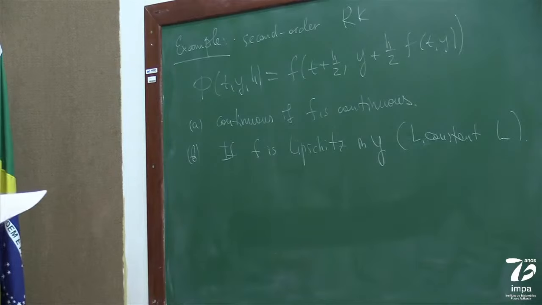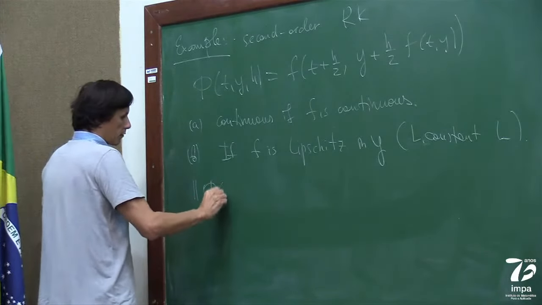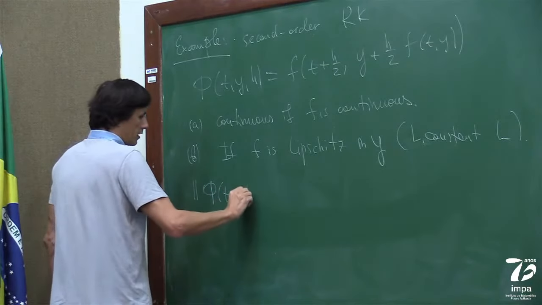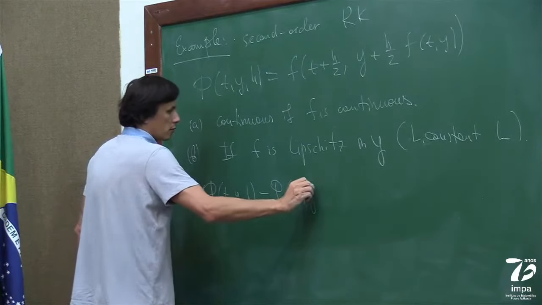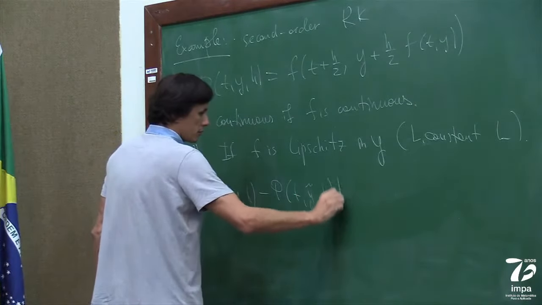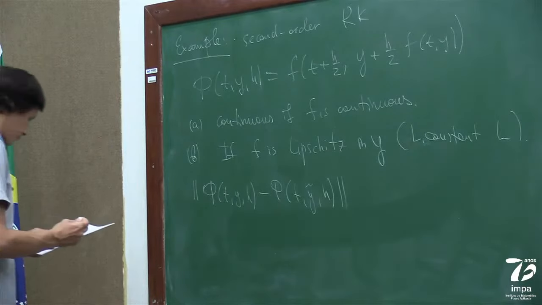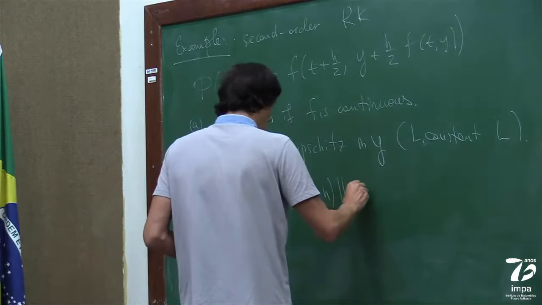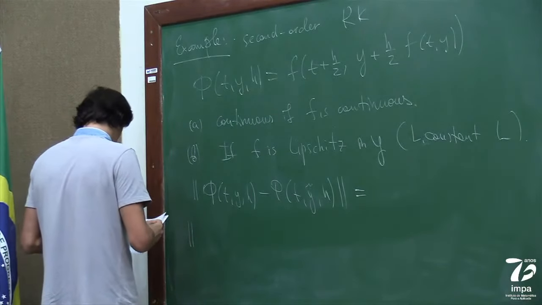Let's check that phi is Lipschitz. So you just have to take this difference, phi(t, y, h) minus phi(t, y tilde, h), and we have to compute the difference. So how do we do it? That's the difference between these two functions.